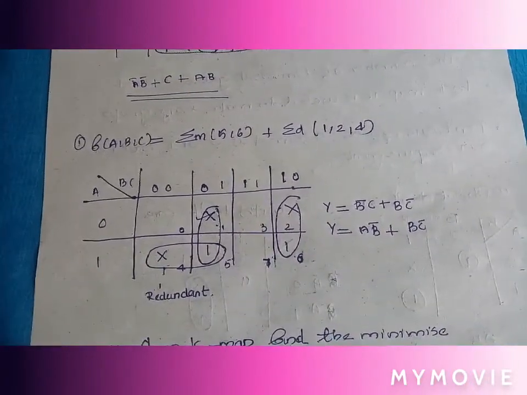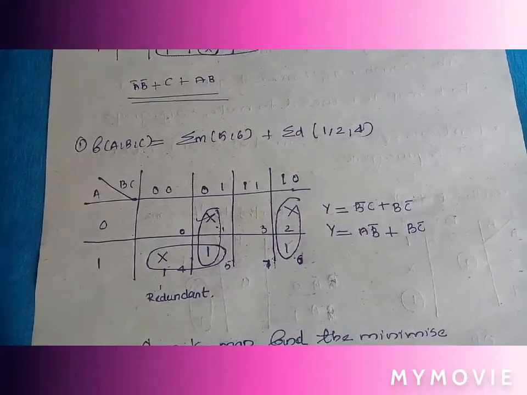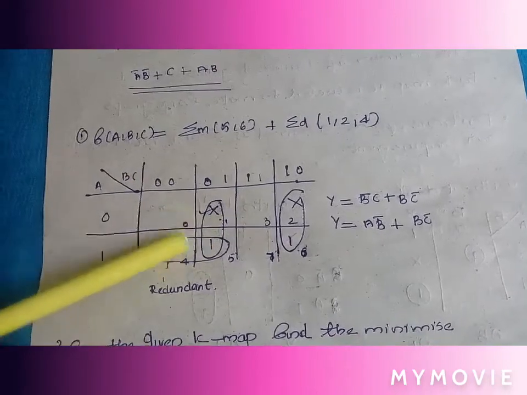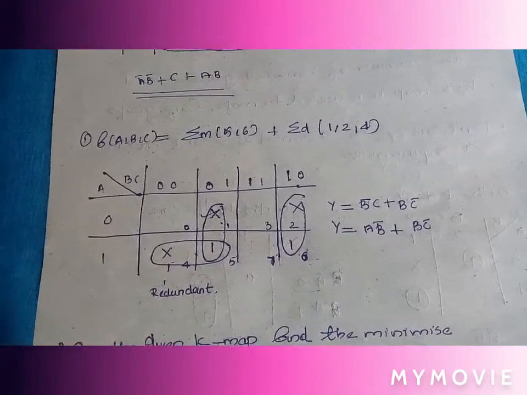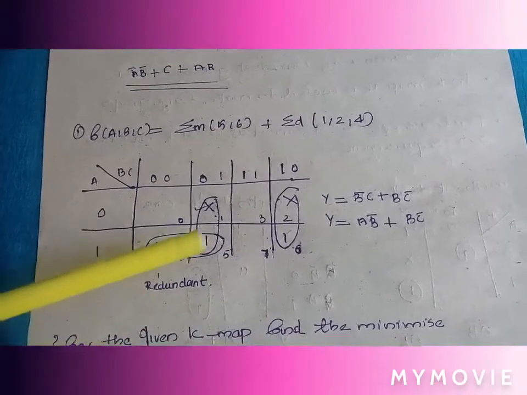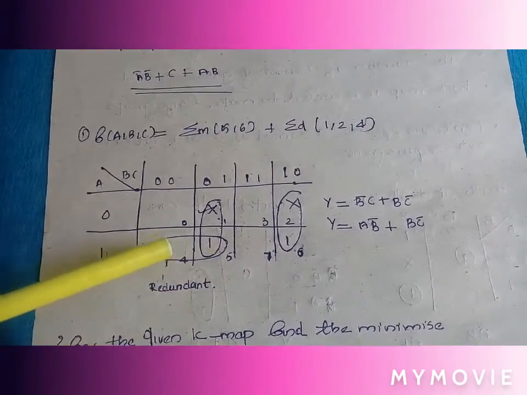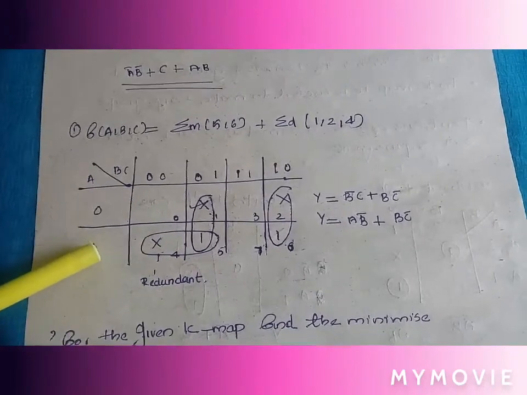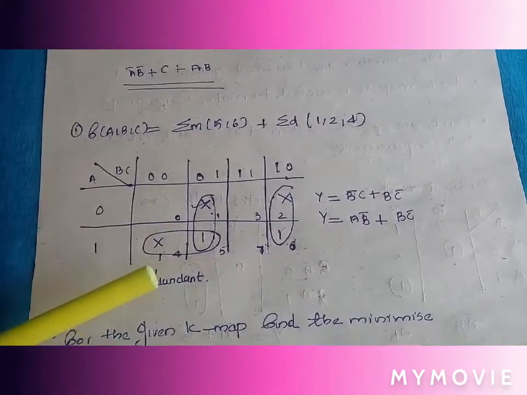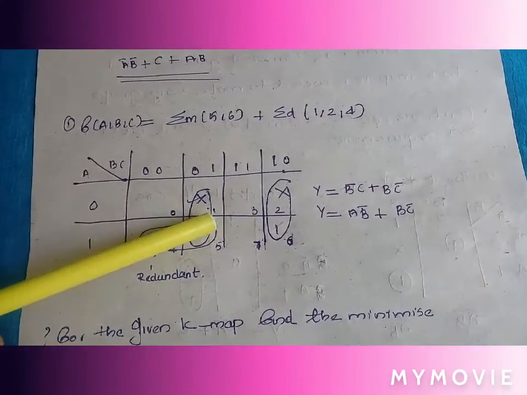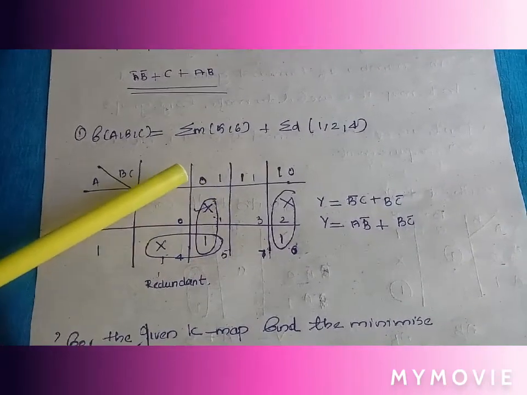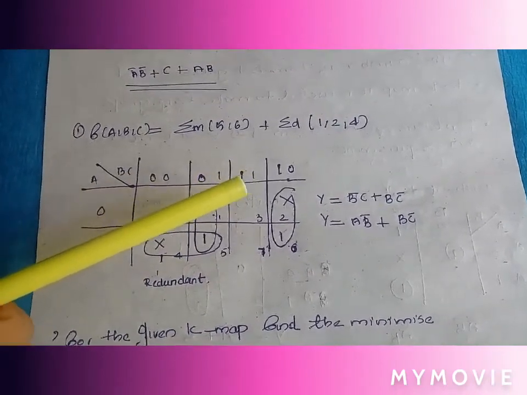We check whether the don't care condition to enlarge the group is useful or not useful. So we can either make a pair like this or like this. So we get here two answers, that is here 4, 5 pair is used in this output, which means that A and B bar plus B C bar is the answer, or this pair is used here in this output, that means the answer is B bar C plus B C bar.